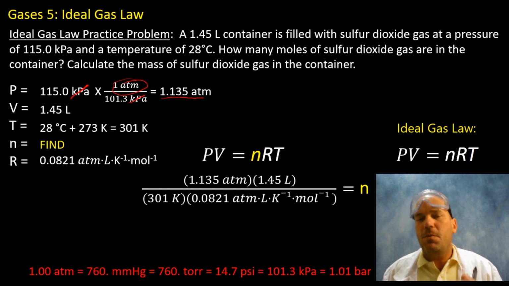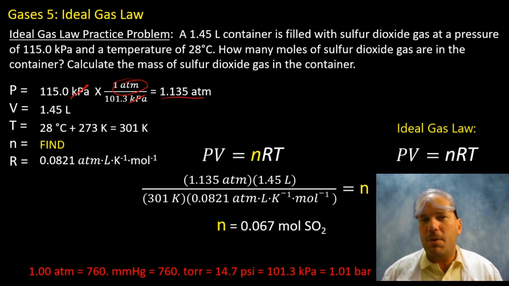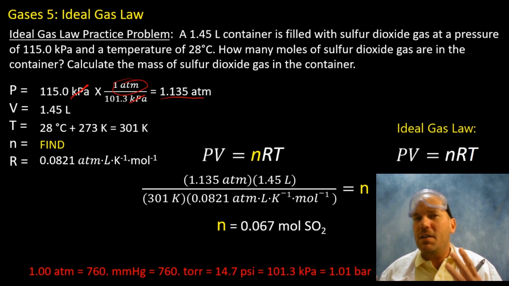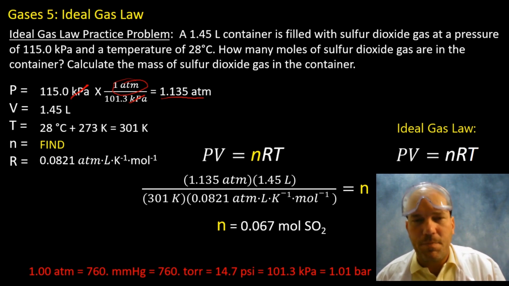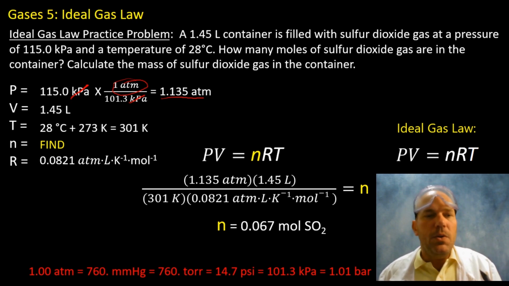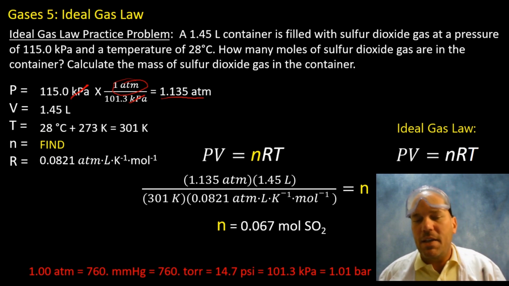Let's rearrange for n, which is the amount of moles, and mathematically solve this problem: the amount of moles of sulfur dioxide is equal to 0.067 moles.